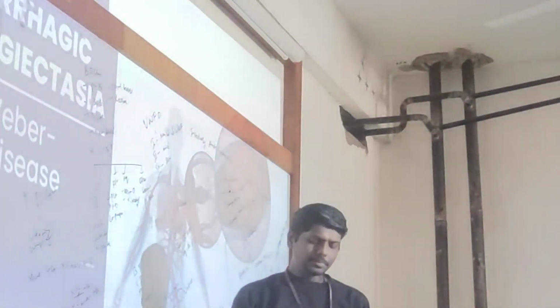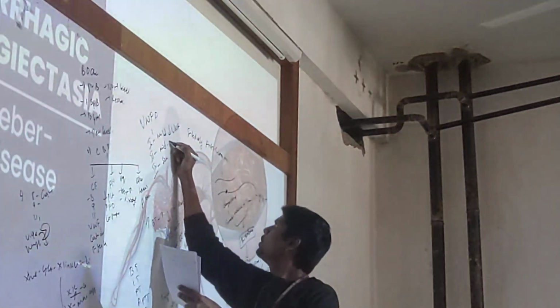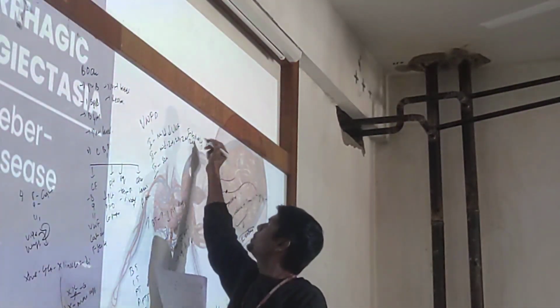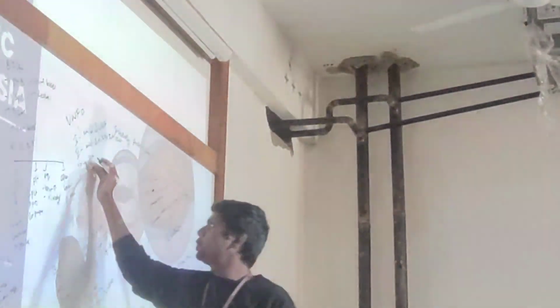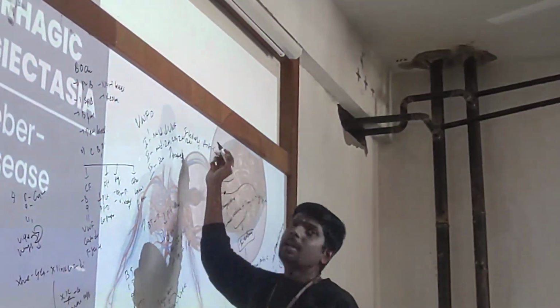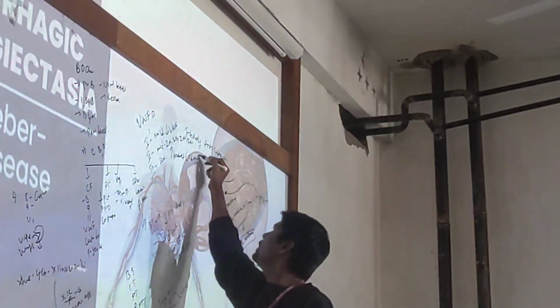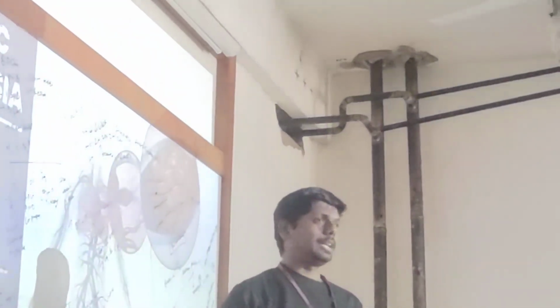Whereas moderate has four more categories: 2A, 2B, 2M, 2N. These patients will respond to treatment like DDAVP. DDAVP stands for desmopressin.